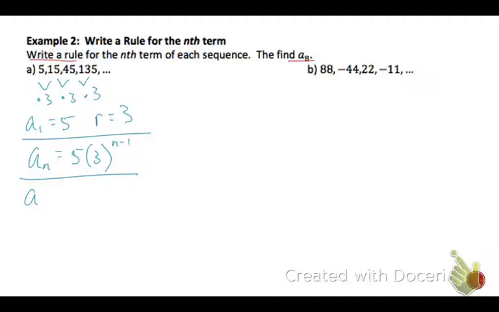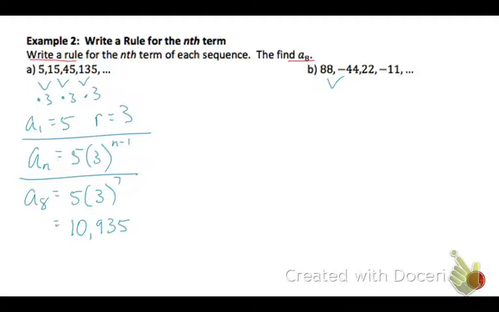Now let's find the 8th term. So we plug in 8 for n. So to find the 8th term, we take 5 times 3 raised to the 7th power, which gives us 10,935.